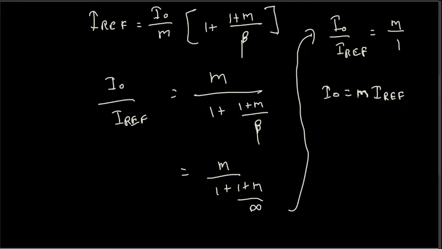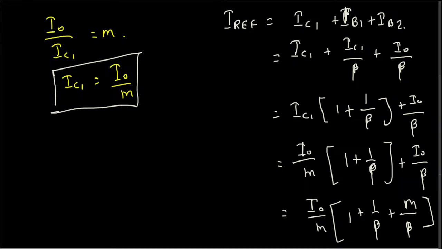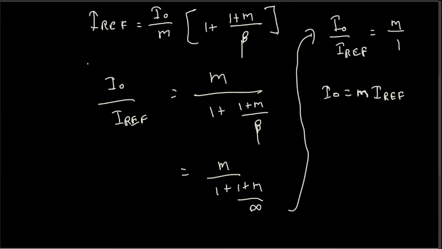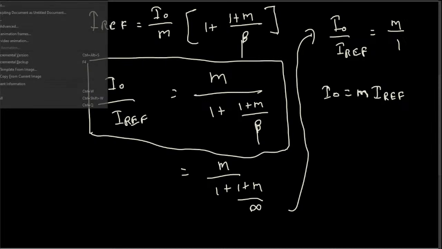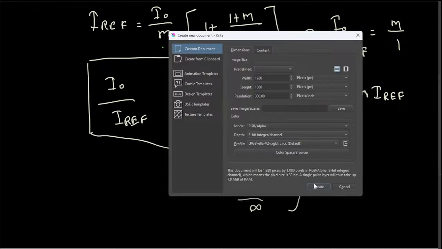So it means we can use this equation we derived right here, but we have to take into consideration there's 10% error. So let me grab that equation in a new page.